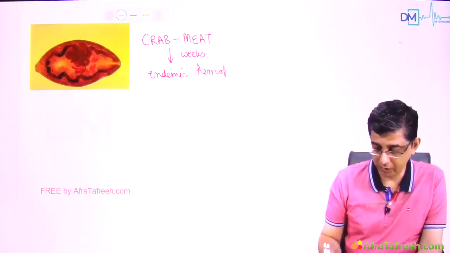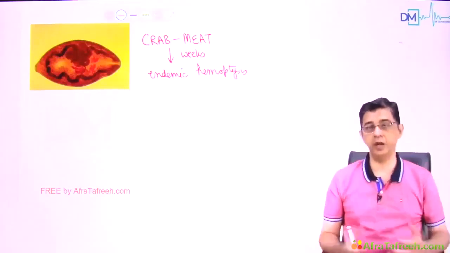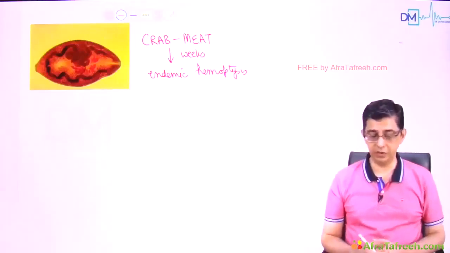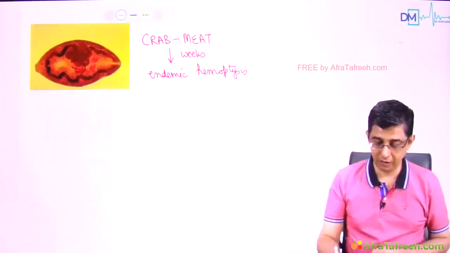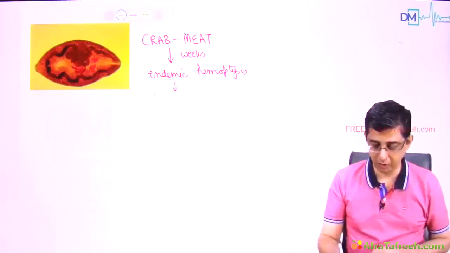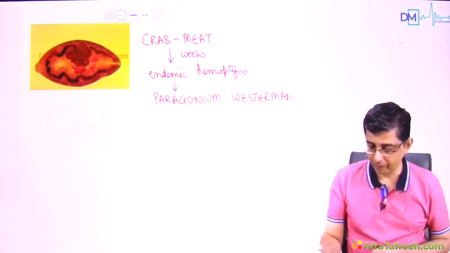Now they say that this is a village in coastal India where eating seafood and crab meat is routine, and the persons in the village are having hemoptysis. Then you can understand that I'm talking about lung fluke. The image shown here is that of a lung fluke, that is Paragonimus westermani, and this would be secondary to the intake of poor quality crab meat.